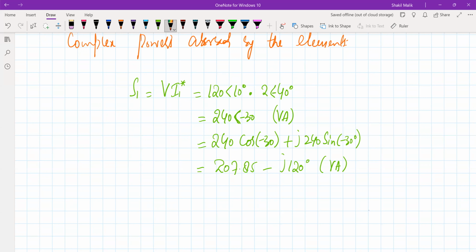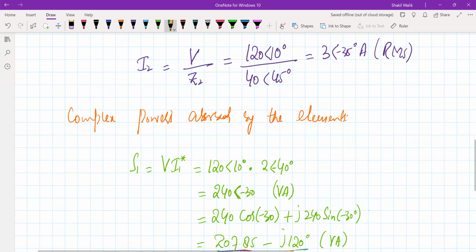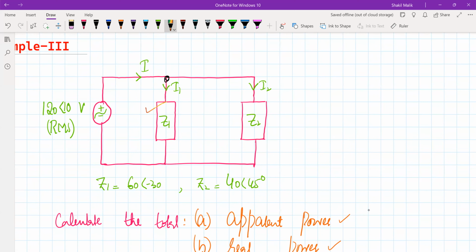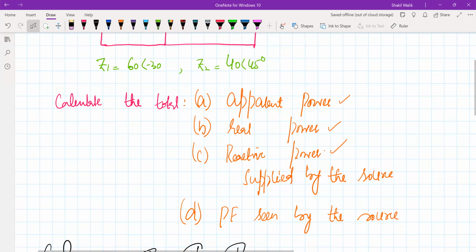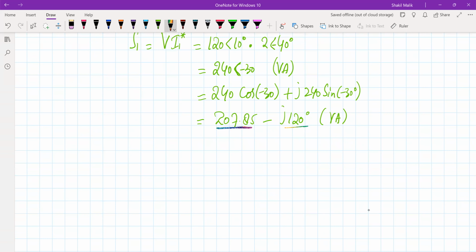If you know the definition of what this and this are, this is the power absorbed or consumed by the resistance that is present in the first branch, that is Z1, and this will be the power stored by the capacitor there.